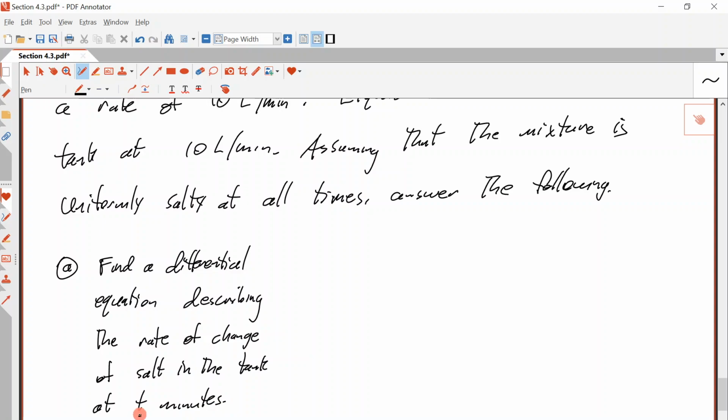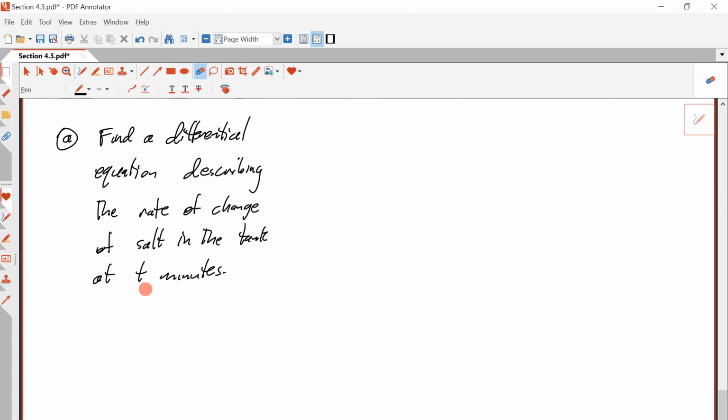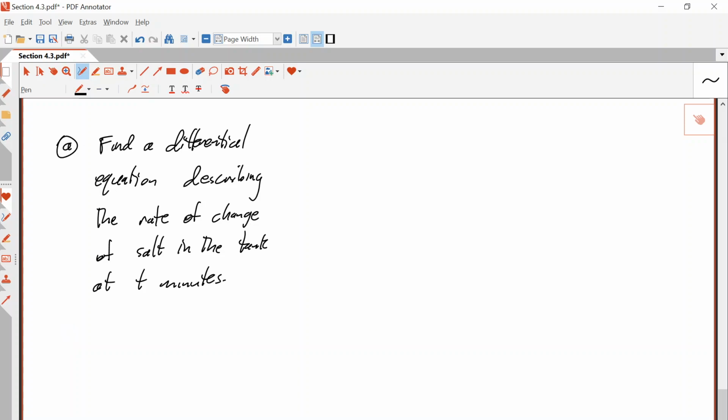Okay, so the variables here are going to be, I don't know, S and T. S is salt, T is minutes. Okay, so let's take care of that just for now.